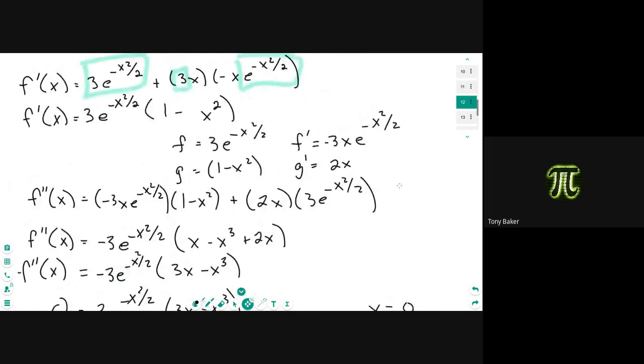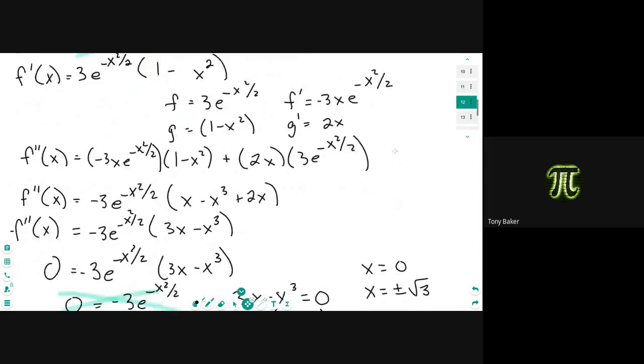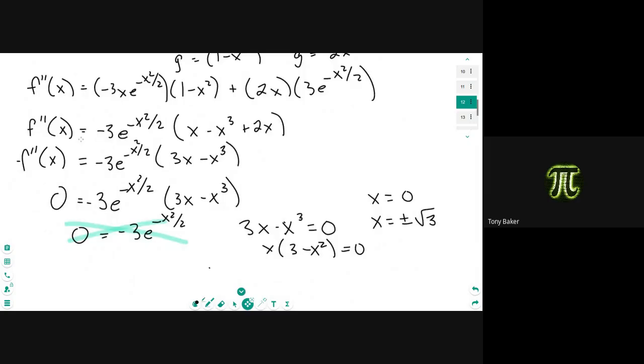But you take those, and you plug them back into the original problem here to find the inflection points. You'd plug them back into this to find where it's positive and negative, where it's concave up and concave down.